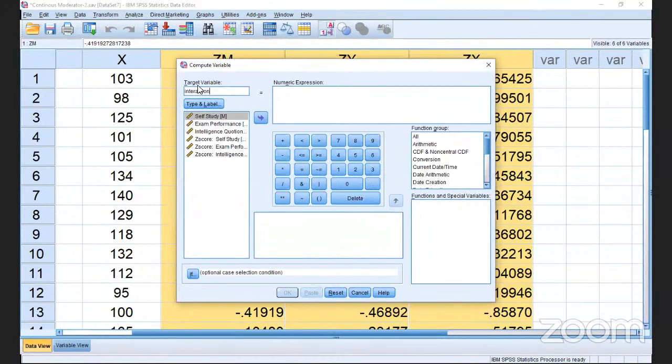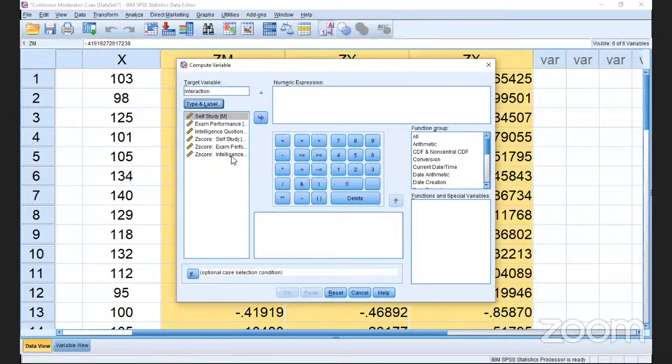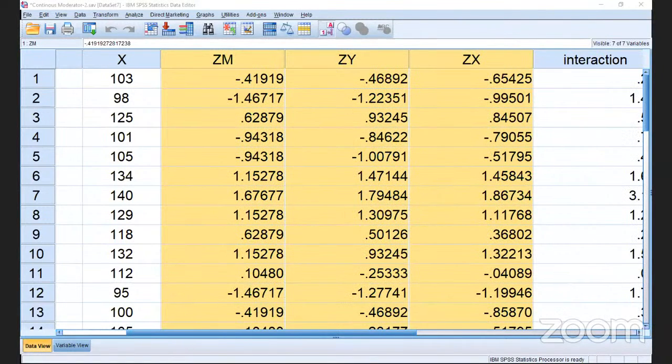Interaction of self study and IQ, the independent variables. Okay, and then after okay, again we will use the multiple regression analysis.